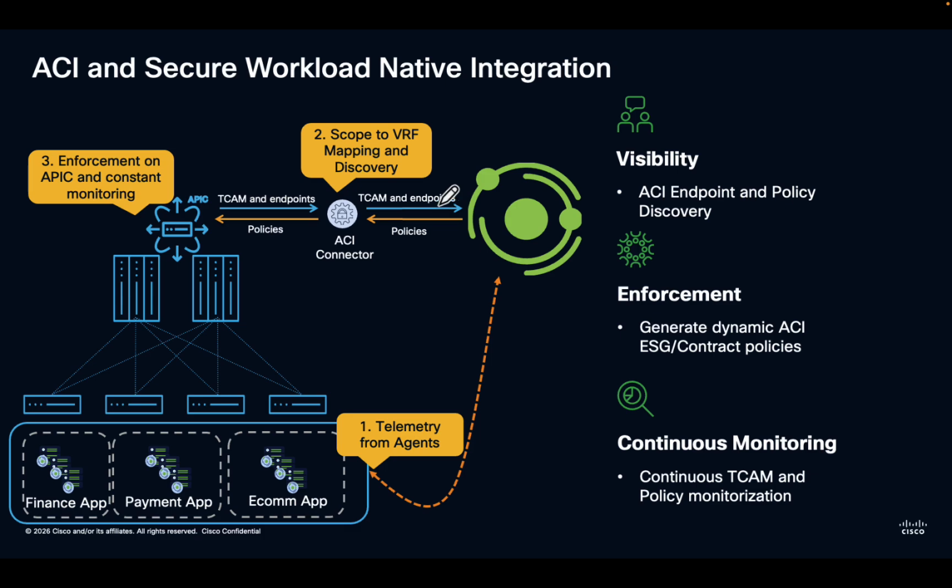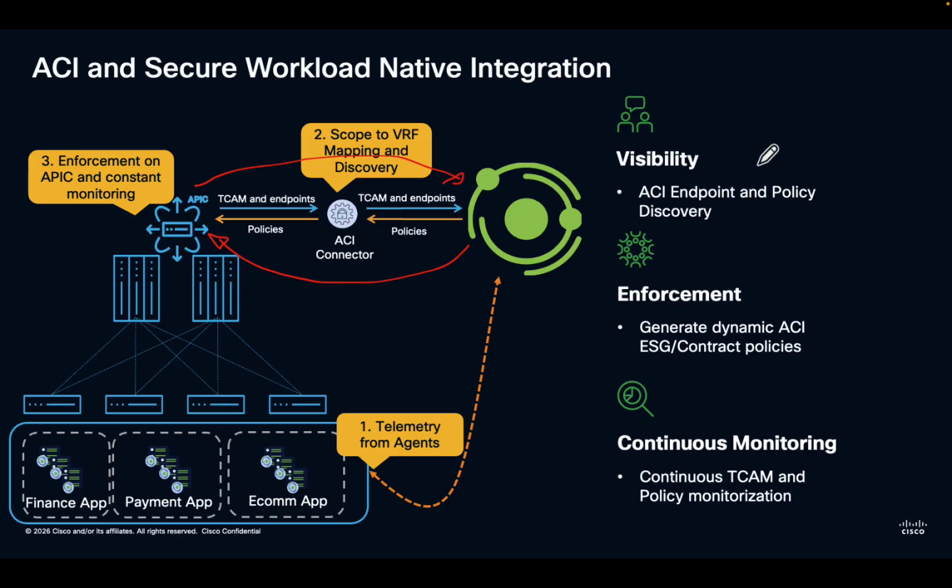The second part is getting the endpoint discovery from APIC, where we discover all the different endpoints that are installed on the ACI fabric, alongside the TCAM resource utilization. And lastly, we will push policies directly to APIC so it can then push those policies into the ACI fabric.